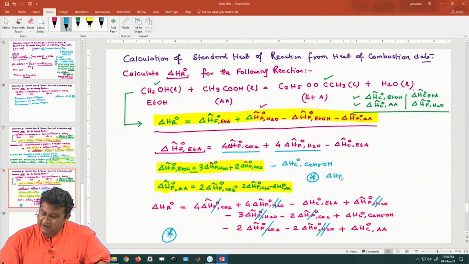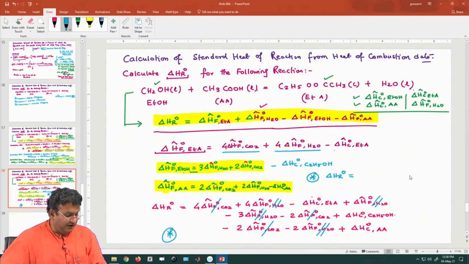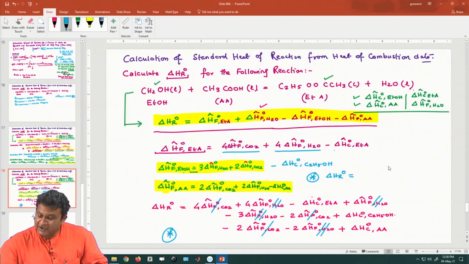So, what we get is a very neat and compact expression: the heat of reaction is actually the heat of combustion of the acetic acid, which comes from here, plus heat of combustion of ethyl alcohol, which comes from here, minus the heat of combustion of ethyl acetate, that comes from here, right.